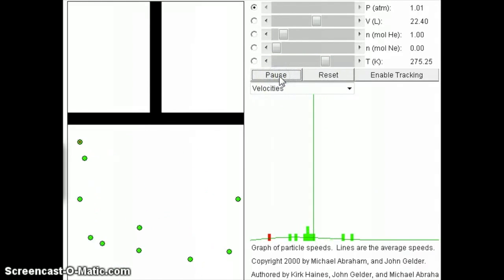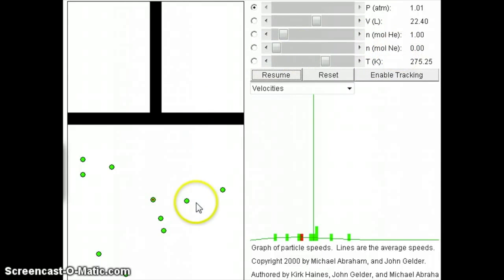So if I just continue this motion, I click here, that allows the gas to move back and forth, and there are all these parameters here that you can use to change, okay? For example, if I leave the marker here on the pressure, you notice that there's pressure, volume, number of moles, and temperature, and number of moles are for 2 different gases, helium and neon.